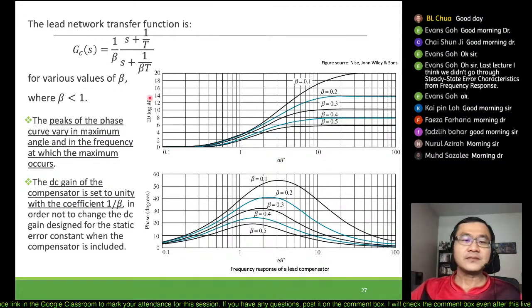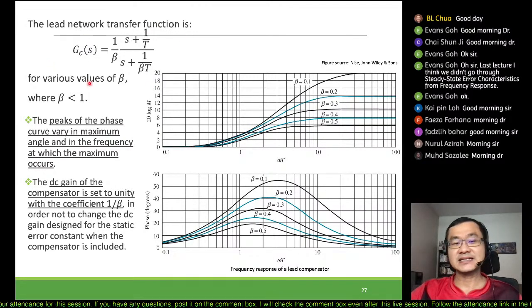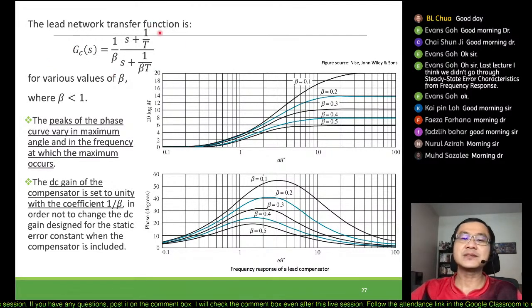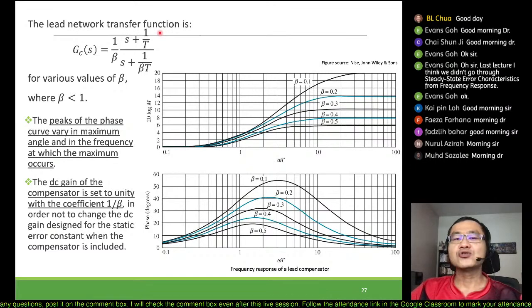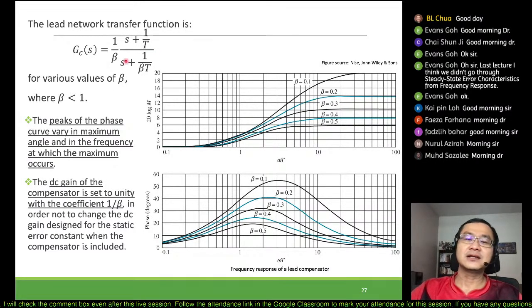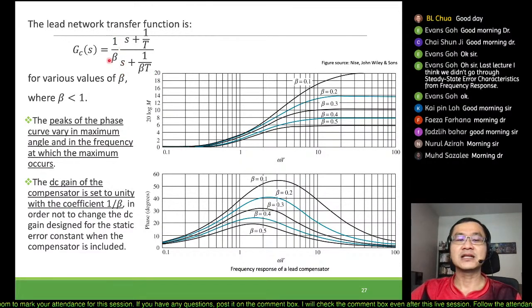Again, the lead compensator transfer function will be given by this, which is very similar, very close to the lag compensator. The only difference is that we now use beta instead of alpha, and here instead of alpha, we use 1 over beta, the inverse of it.